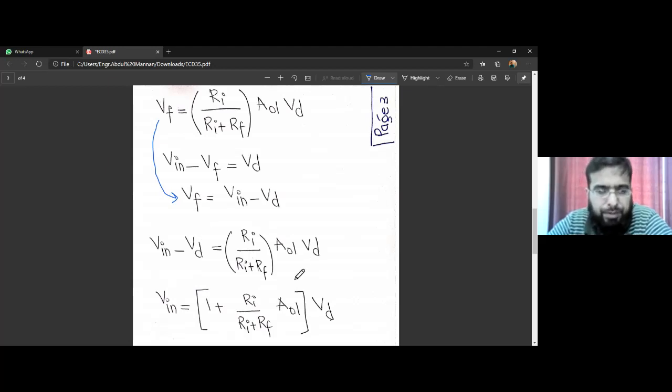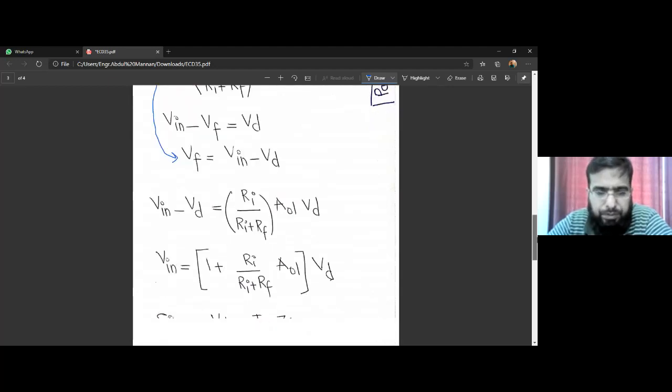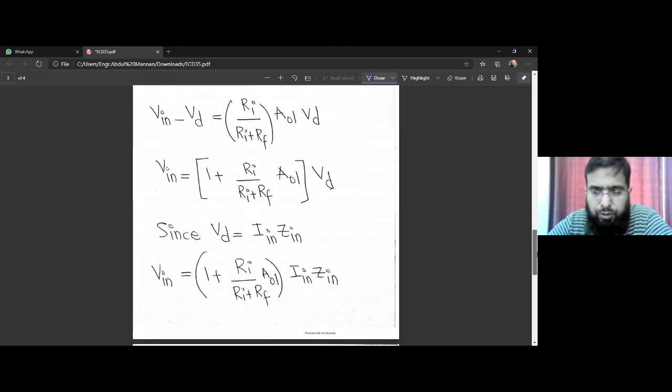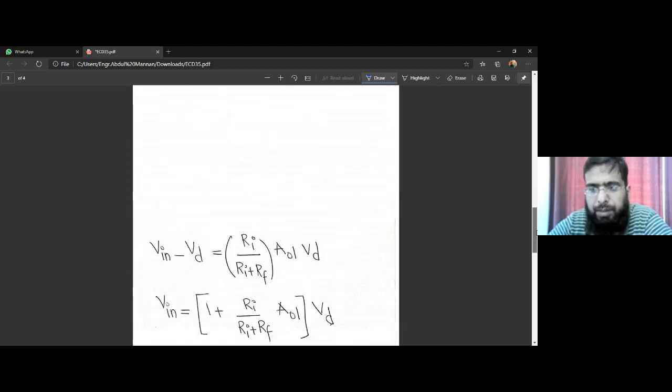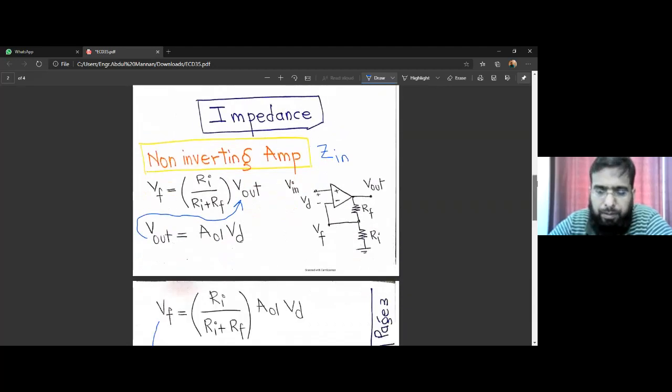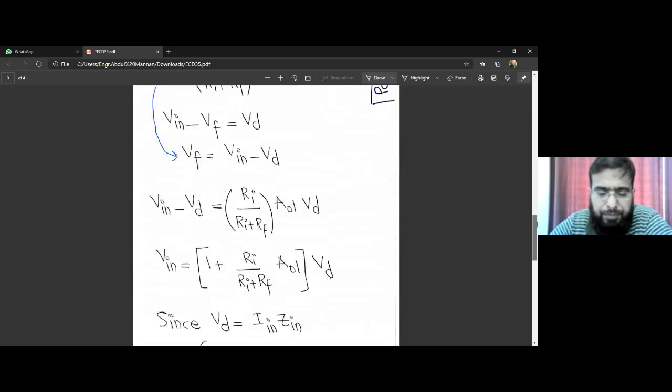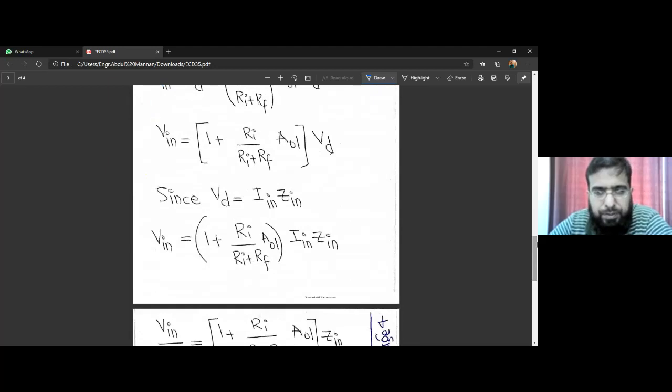Now we can take Vd to the other side and take 1 plus this as common times Vd. What is Vd? Vd is this voltage. This is In times Zin, the input impedance seen by the source that is driving this amplifier.